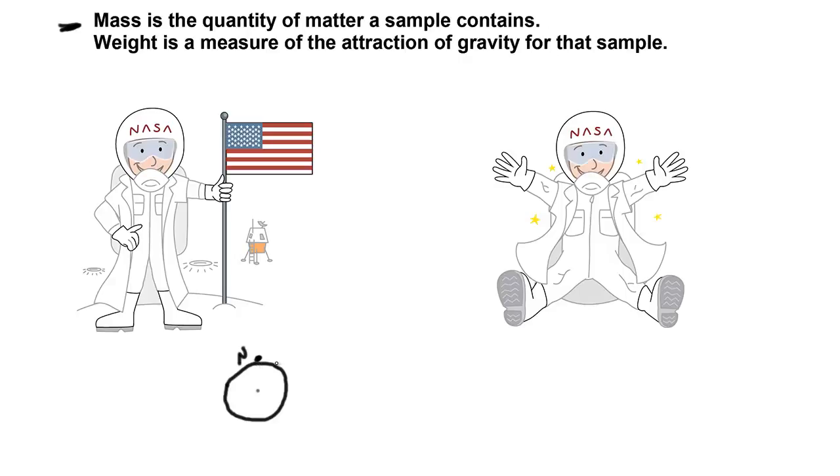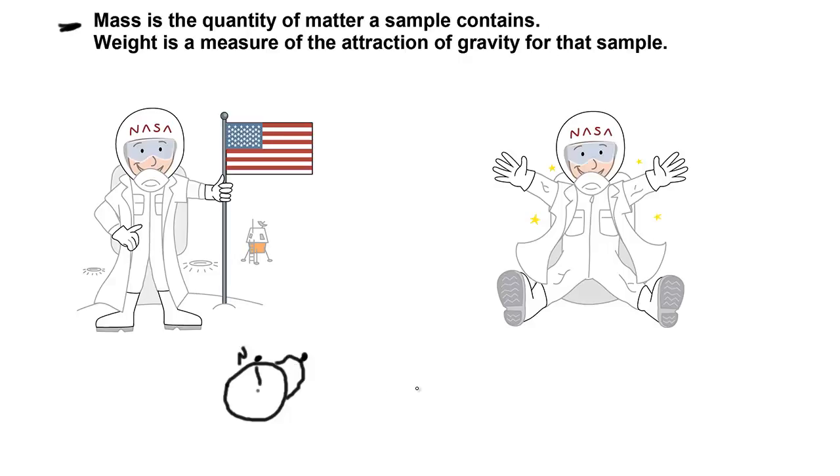What happens when we climb a tall mountain? That's a huge mountain on the Earth, by the way. And we climb up on a tall mountain and we measure our weight right here. Well, here we were closer to the center of the Earth, so we have more weight. Here we're further away from the center of the Earth, so we have less weight.